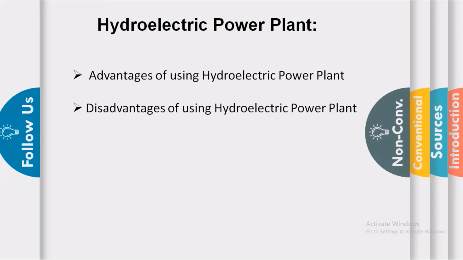Methane is a greenhouse gas, that we know. There is also a problem of proper resettlement of people who are living in the area near the dam. And due to construction of the dam, the fish in the area downstream of the dam do not get enough nutrients and the production of fish may decrease. So these are some disadvantages of using a hydroelectric power plant.